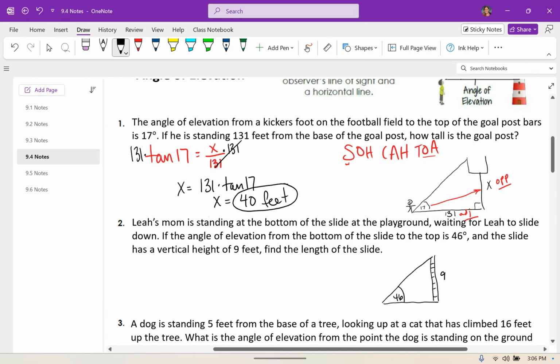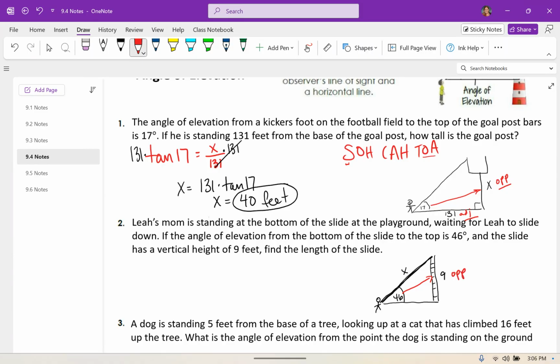Okay, so it's a pretty tall slide. Find the length of the slide. So how long is the ride that she's going to take? Okay, so you can see across from 46 is 9, so 9 is opposite. And the slide is the hypotenuse.